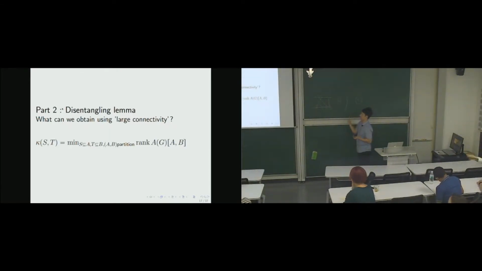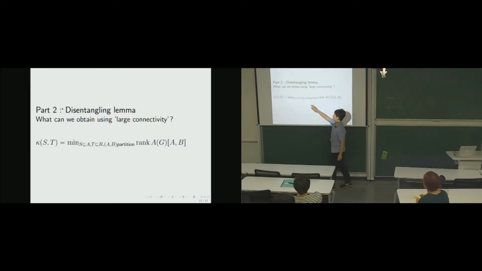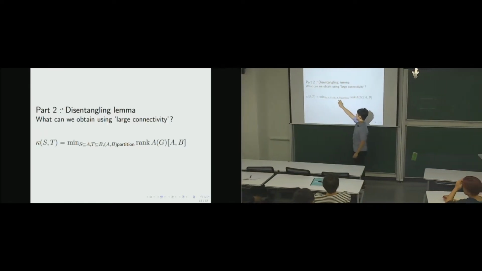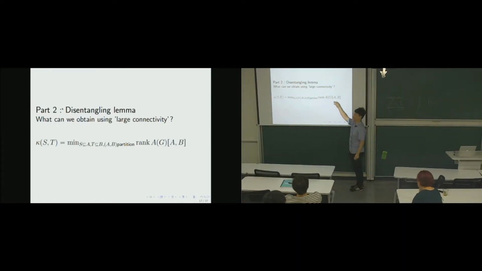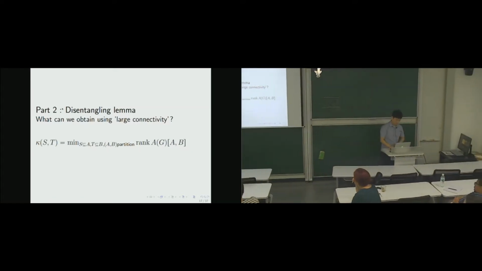That is what you can obtain. The connectivity means the following: given two sets S and T, you consider every vertex partition A and B, where A contains S and B contains T, and then you consider the rank of this cut, and the minimum of this is the connectivity of S and T.